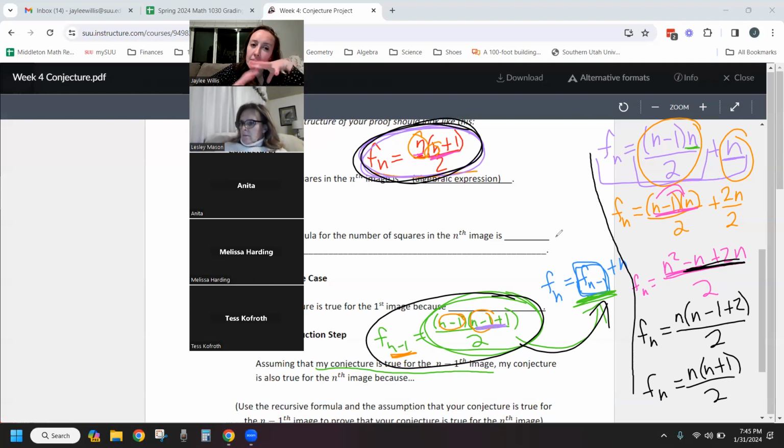There's not really anything mathematical in it. It's just saying this proves the conjecture. Yeah, totally. Yep, absolutely.